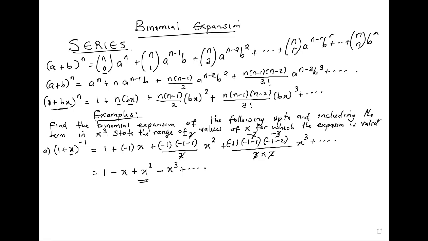It means we will now say the expansion is valid for the absolute value of x, this absolute value of x is less than 1. We should have answered the issue of validity like that.